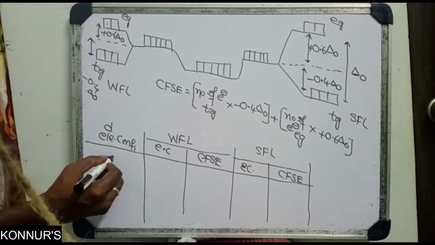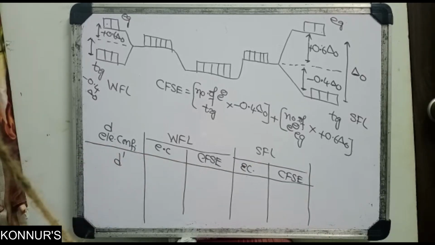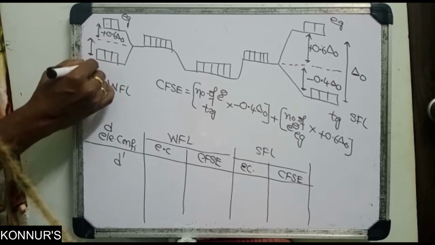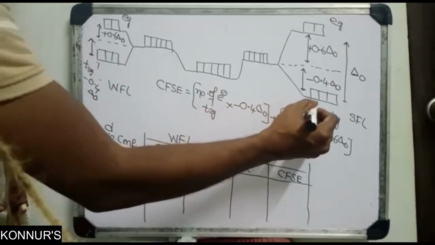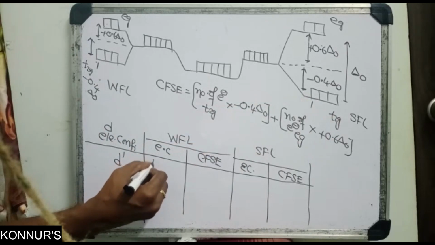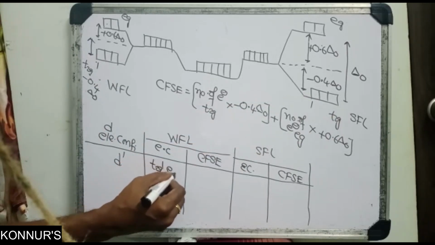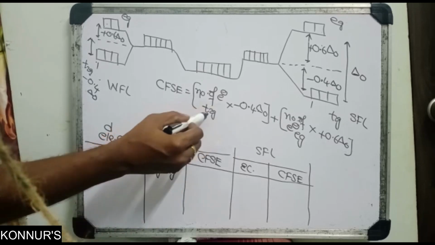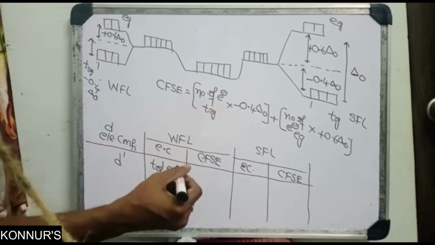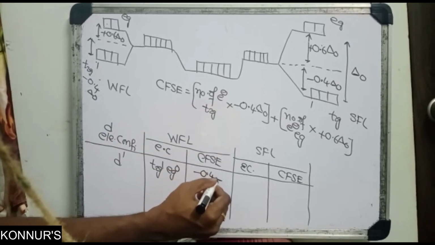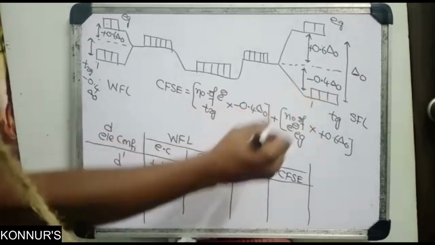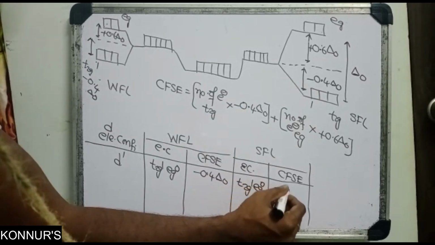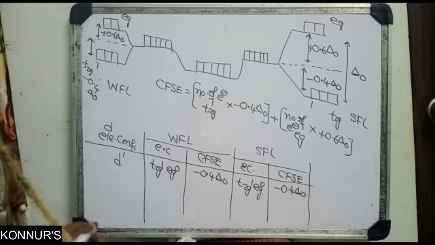Suppose I am taking d1. The d1 electronic configuration: one electron is here, so T2g1 Eg0. The CFSE is 1 into minus 0.4 delta 0. For a strong field also, T2g1 Eg0, minus 0.4 delta 0.